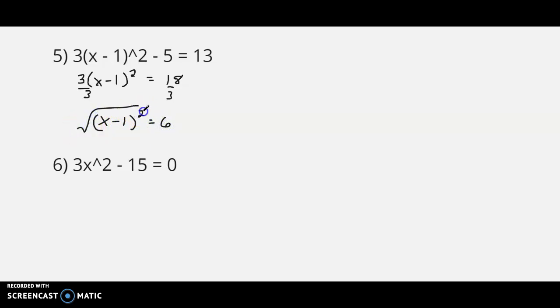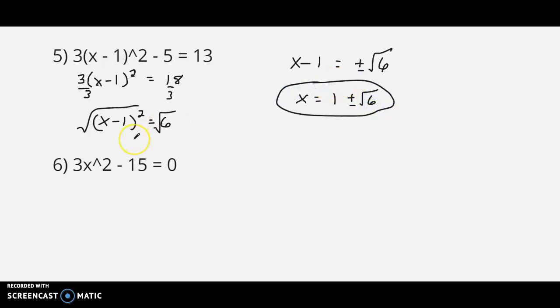Now ready to take the square root of both sides. We're left with x minus 1 equals positive or negative square root of 6, irrational number, and then all we need to do is add 1 to both sides. Final answer, 1 plus or minus square root 6 solves quadratic number 5.